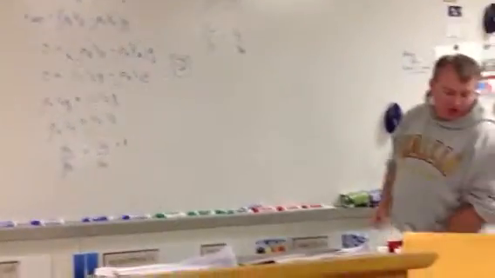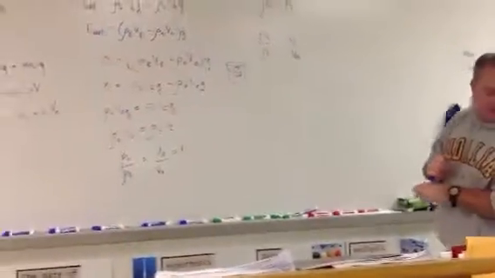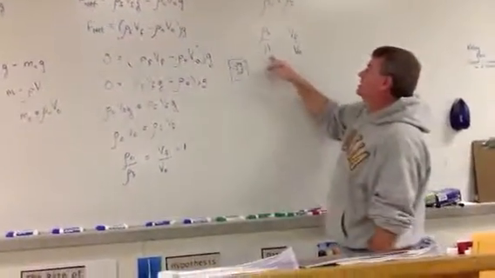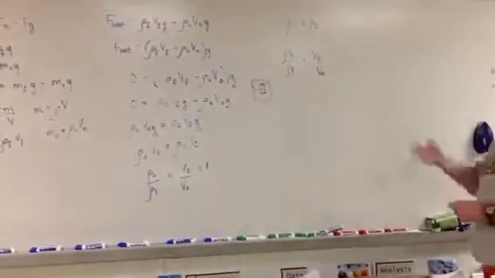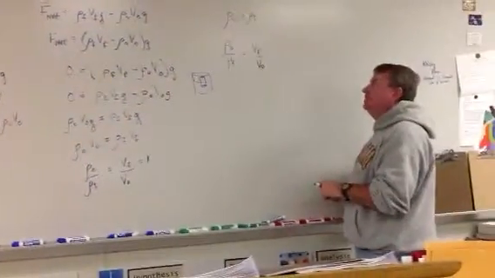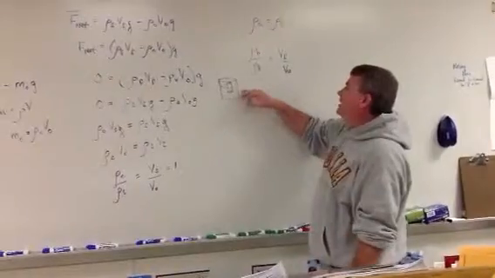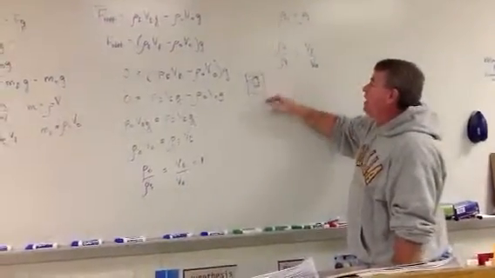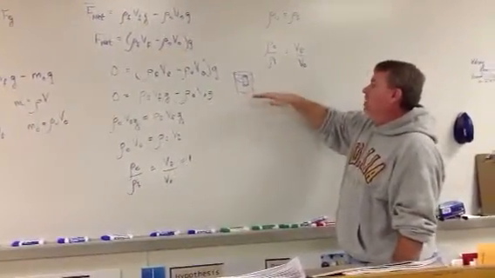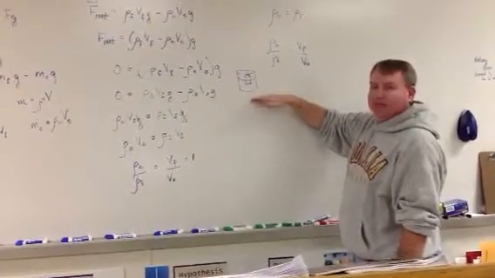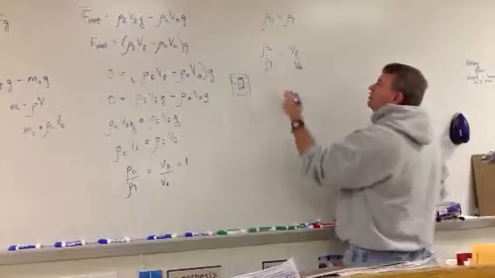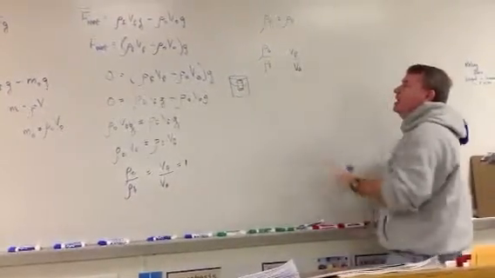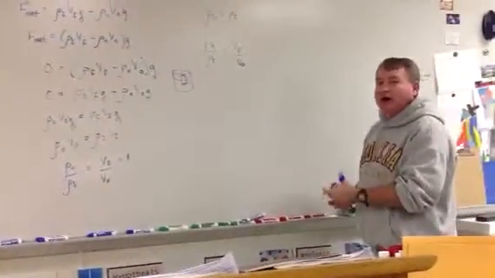If the object is partially submerged, then the density of the object will be less than the density of the fluid. If the object is fully submerged, the density of the object is equal to the density of the fluid. And let's look at the case where the object is actually all the way on the bottom. If the object is all the way on the bottom, then the density of the object is greater than the density of the fluid. You can look at this in terms of ratios for what you're going to get if you set things equal to 1.